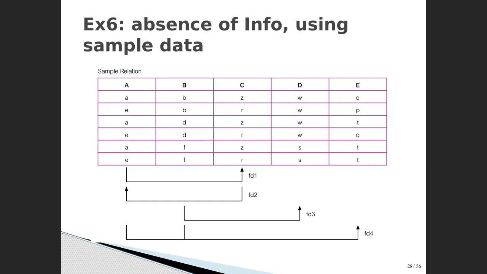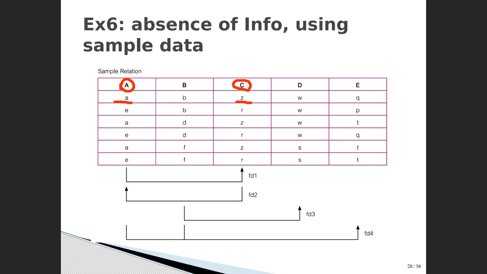For example, when small a appears in the A attribute, I can see that Z appears in the C attribute. At the same time, when Z appears in the C attribute, always a appears in the A attribute.